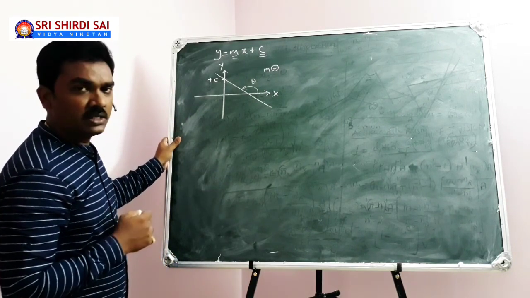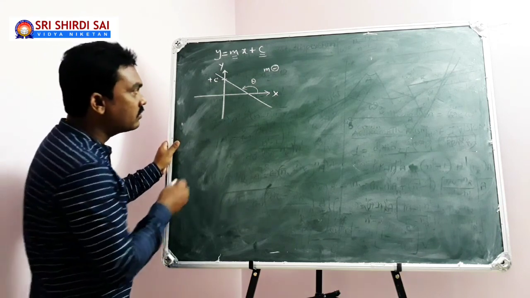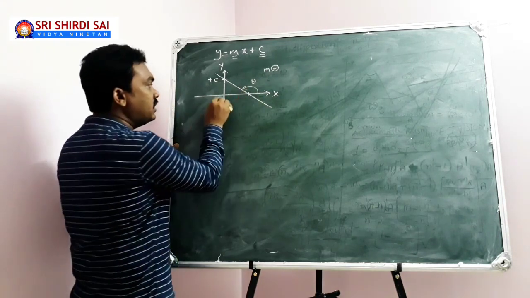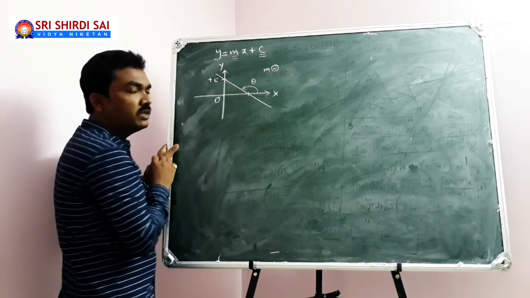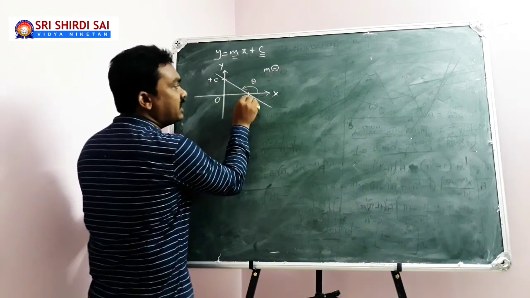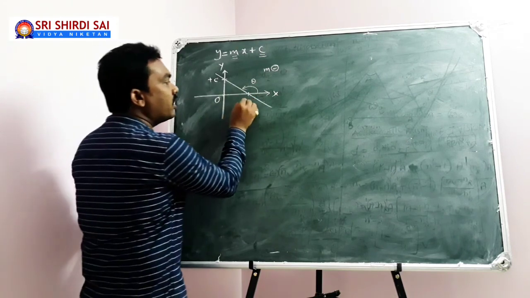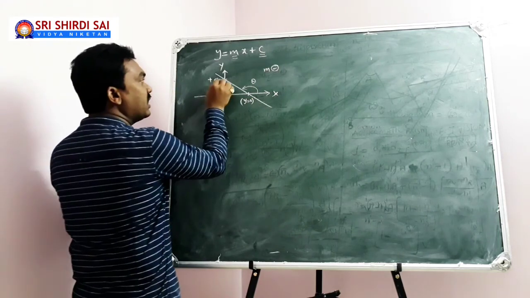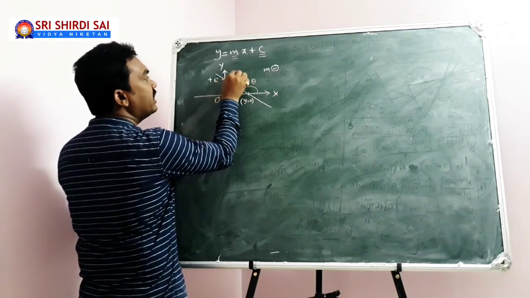But what you need to understand a little more is, of course, this point you learned, the x-intercept. This is the origin. At the x-intercept, the y-coordinate is 0, and at the y-intercept, the x-coordinate is 0.